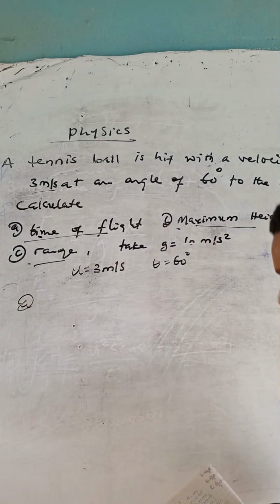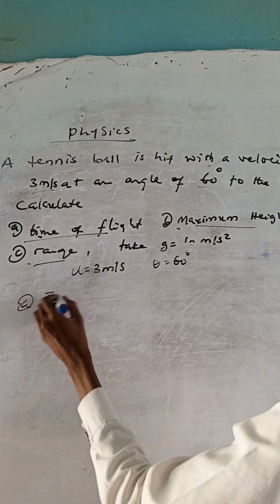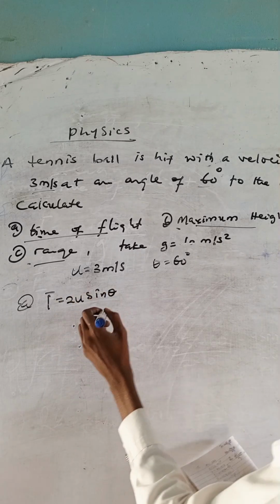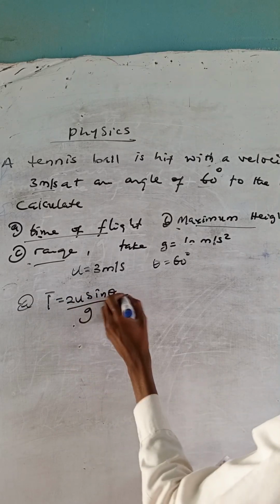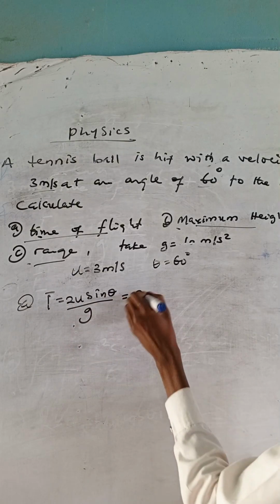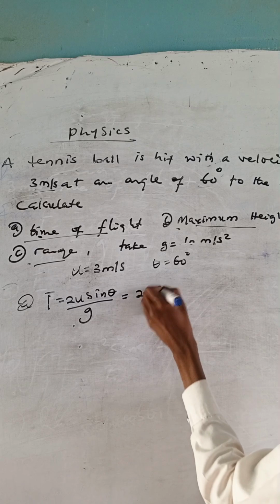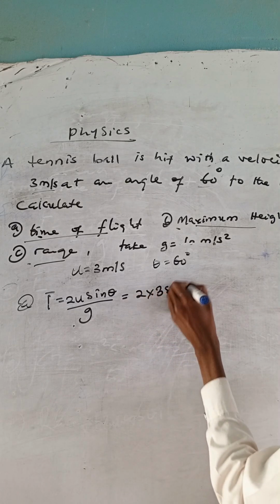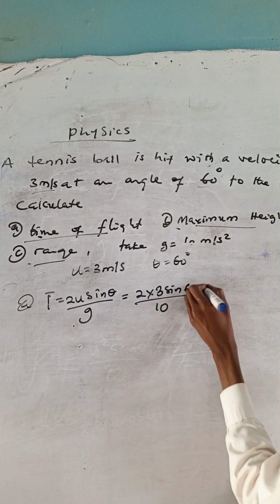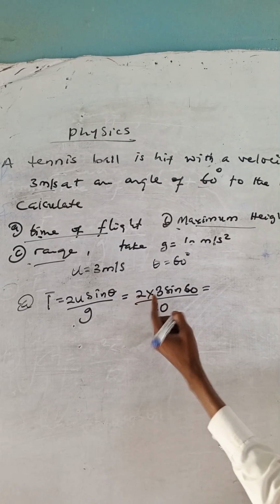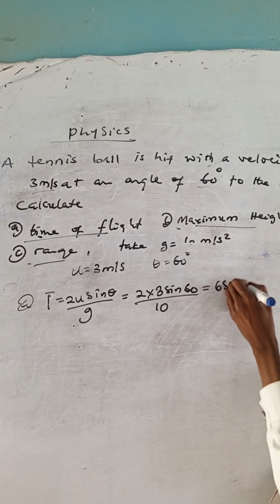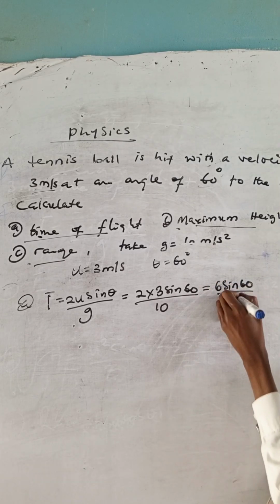A. Time of flight is given by t equals 2u sine theta divided by g. So let's substitute: the initial velocity is 3, sine 60, divided by 10, which is equal to 3 times 2 is 6, and then sine 60 divided by 10.